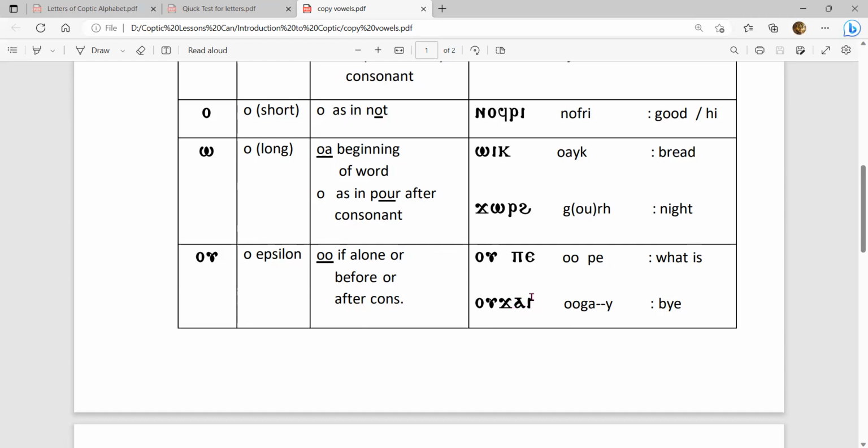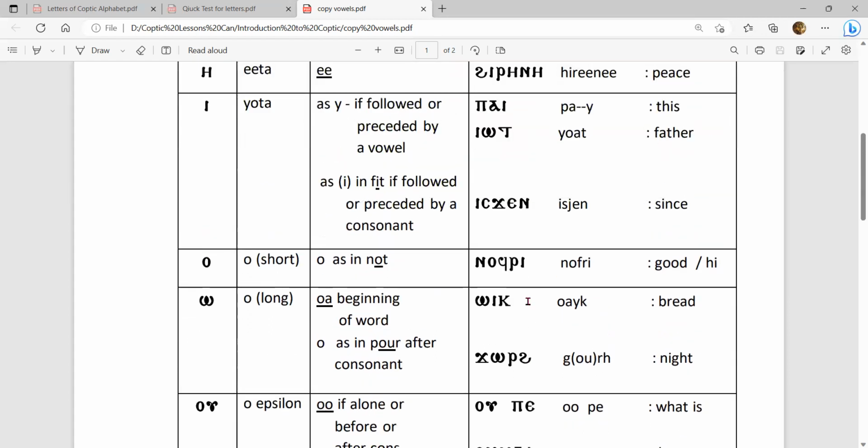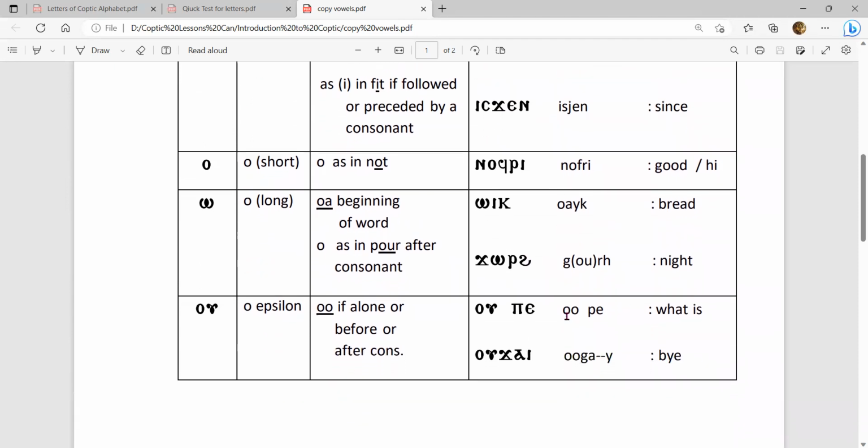We can refer to the pronunciation of the iota up here. Okay? And I have separated here also the iota in its pronunciation to make sure that we don't read it as gay. So that's why I have put two dashes between the A and the Y, meaning by.